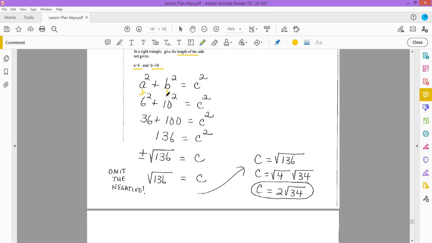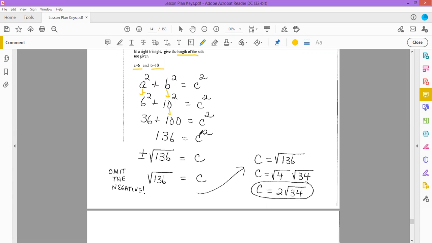And where B is, we'll put 10. 10 squared gives us 100. And that equals C squared. 100 plus 36 gives us 136. And on the right side, we have C squared. So C squared equals 136.